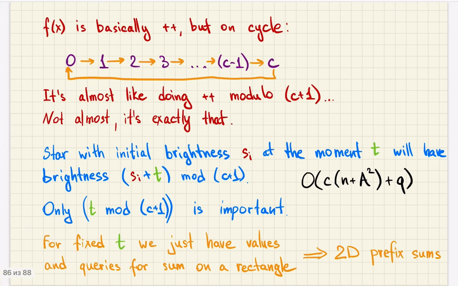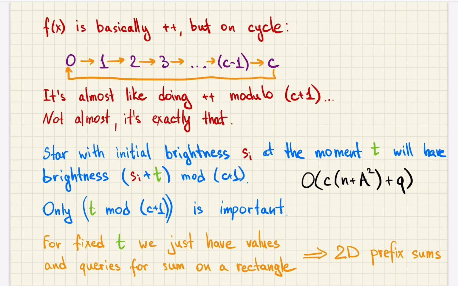Let's first try to understand how the brightnesses change. So f of x is basically just increment, but if we move out of c, then instead of becoming c plus 1, it becomes 0.